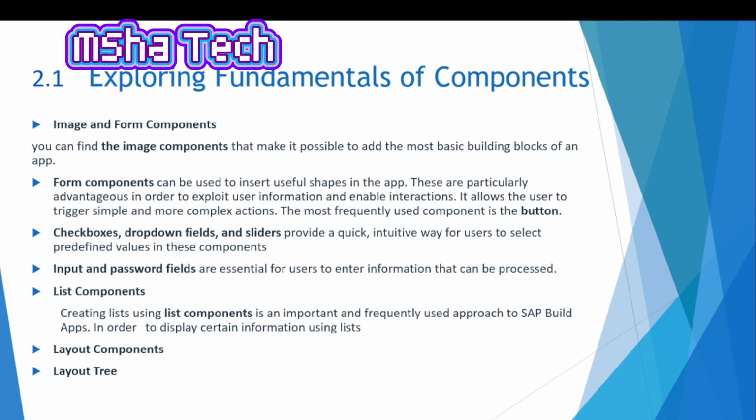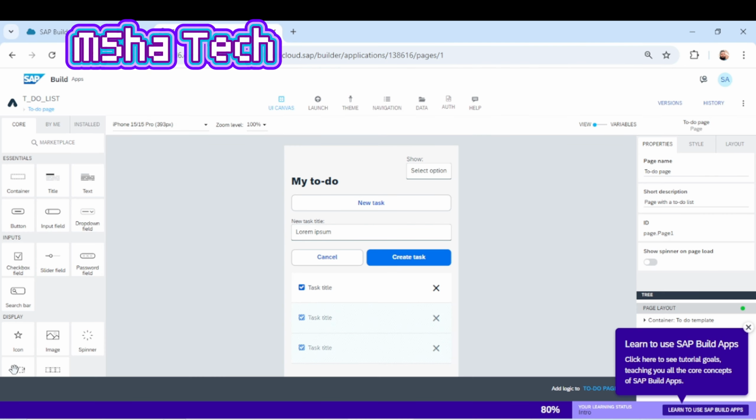In other words, if the user wants to select the country, there the drop down fields are used to select any particular country name. So in this way the user interacts with the app very easily. So let's move straight to the system and explore the checkboxes.